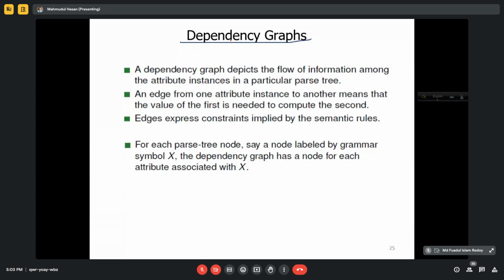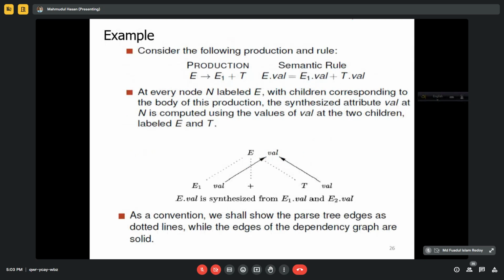That means which one you need to do first, then which one next. So evaluation order is also discussed by dependency graphs.